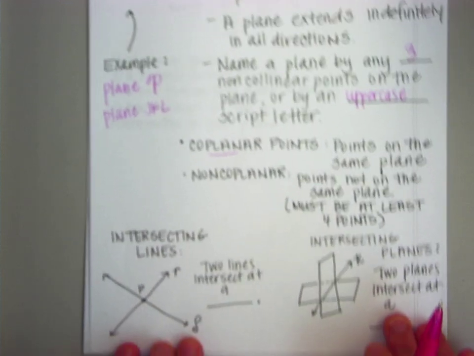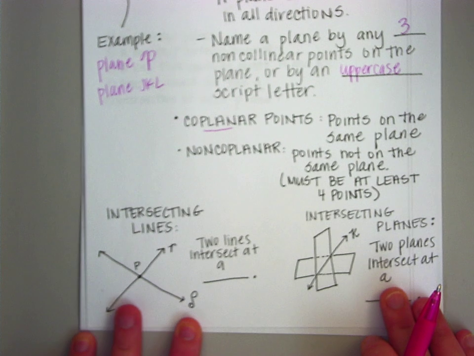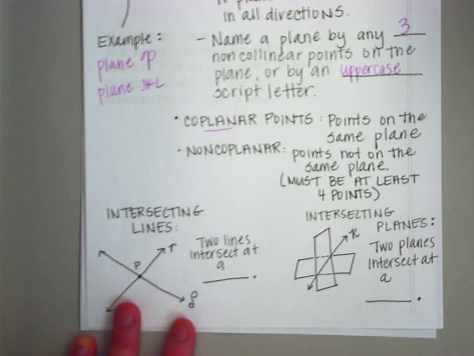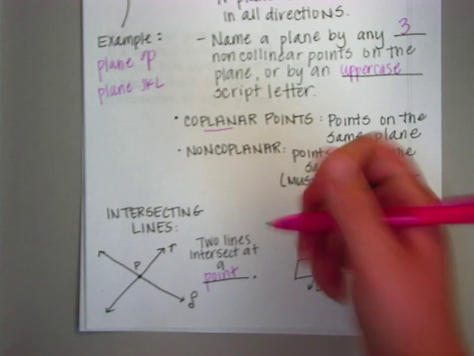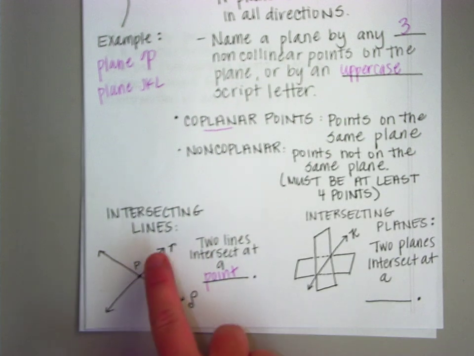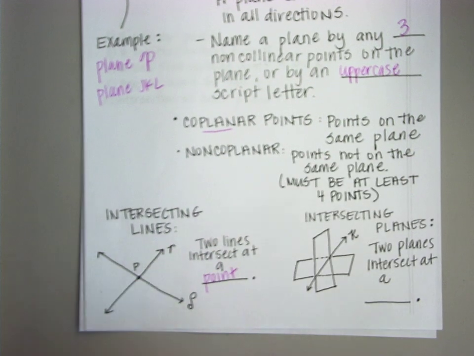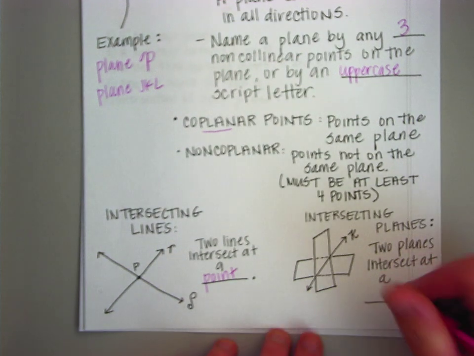Now let's look at intersecting lines and intersecting planes. Two lines intersect at a point. So line S and line R intersect at point P. Two planes intersect at a line.